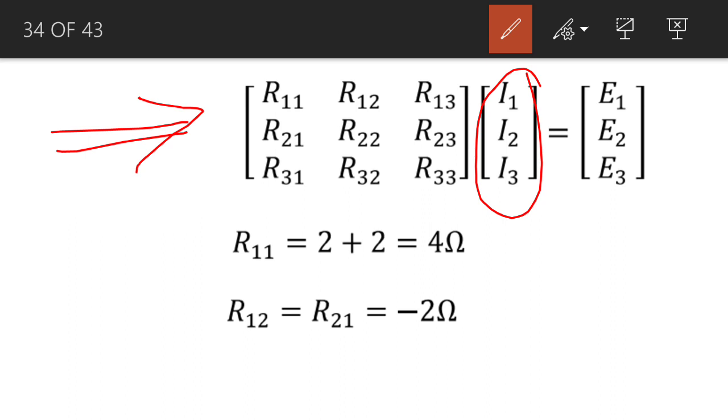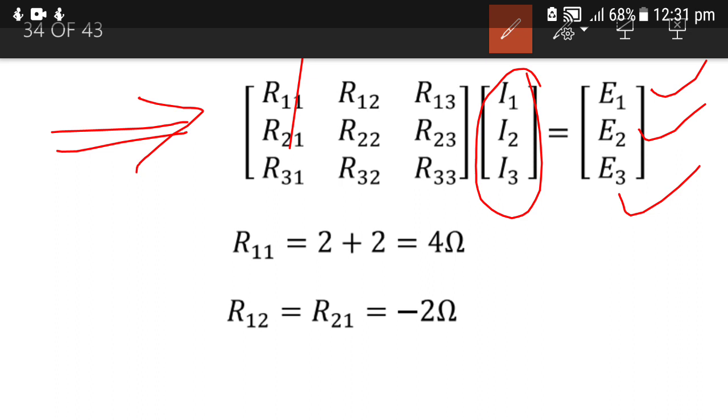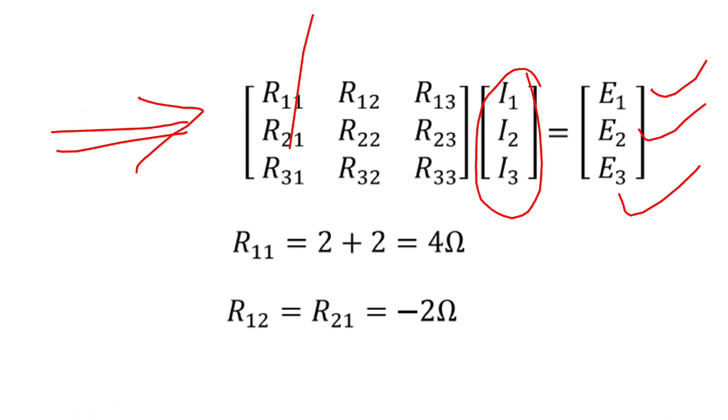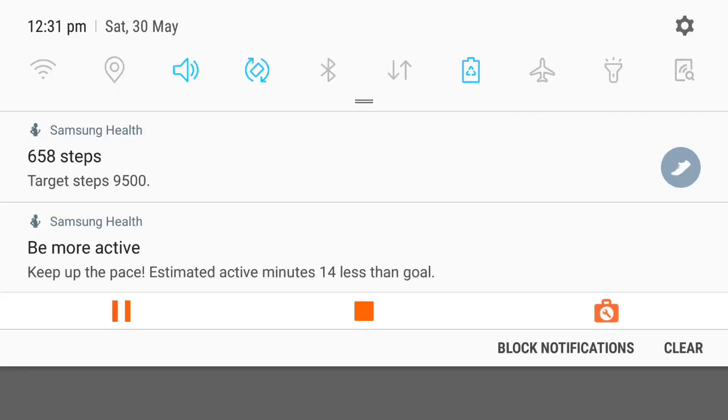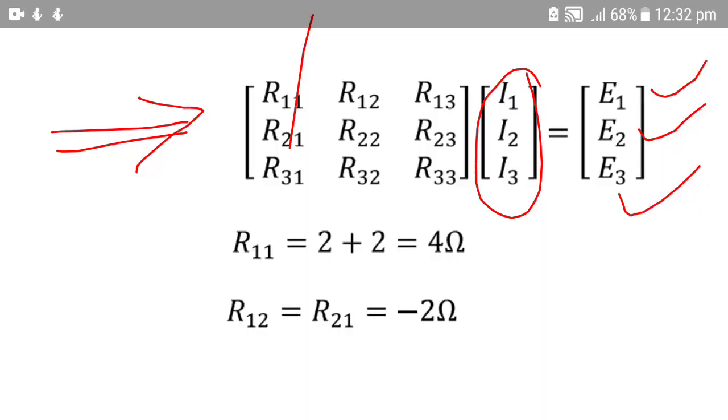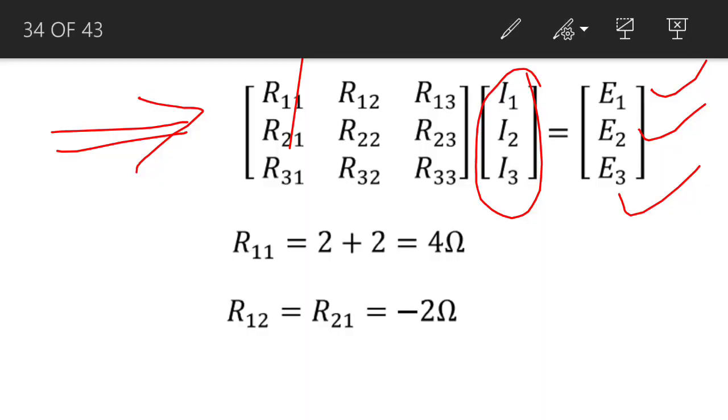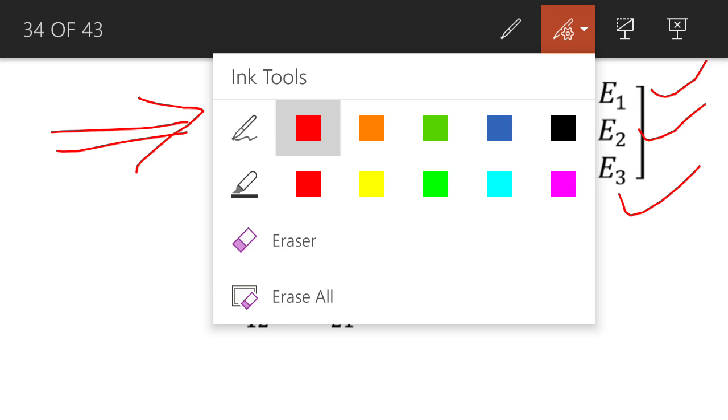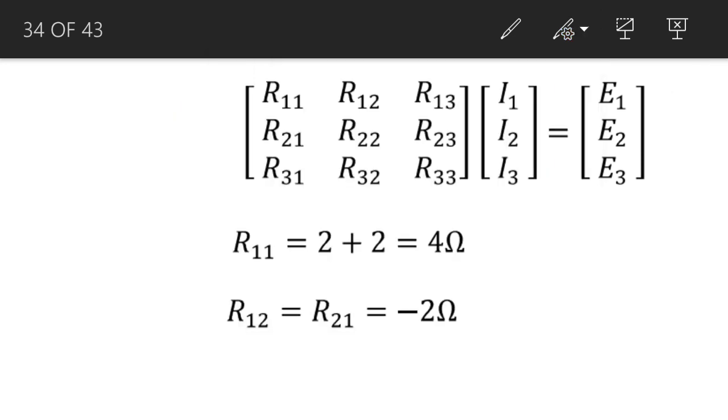E1 is the total voltage in loop number 1. E2 is the total voltage in loop number 2. E3 is the total voltage in loop number 3. So these are the standard loop equations in the matrices format for the given circuit.